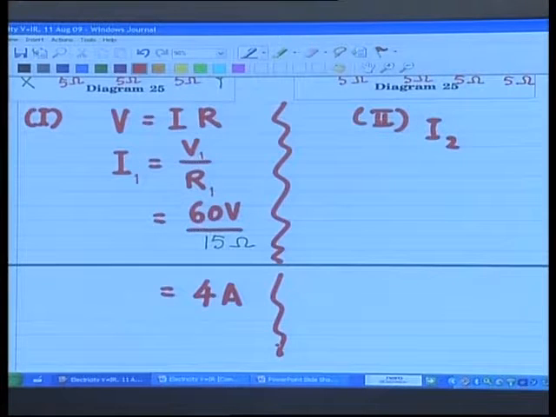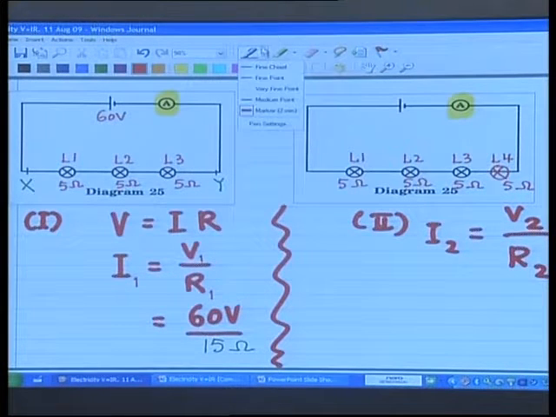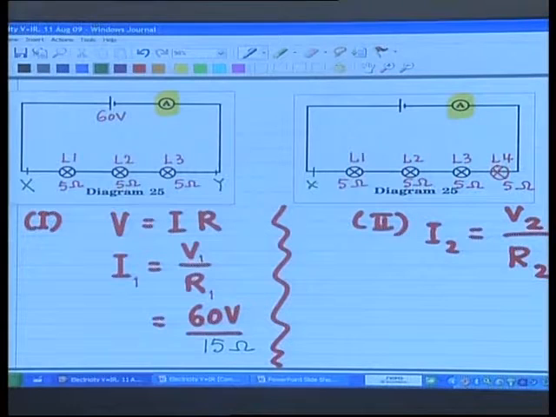Let us carry on with the next episode on the right-hand side. Now I am adding one more bulb, L4. So what is my I2? It is V2 divided by R2, where R2 is the effective resistance between X and Y. Again, we must have the same 2 points in the circuit.